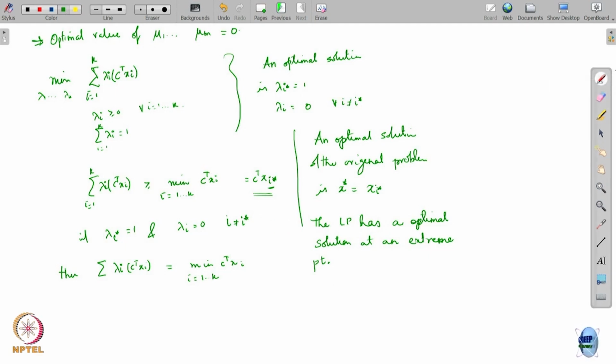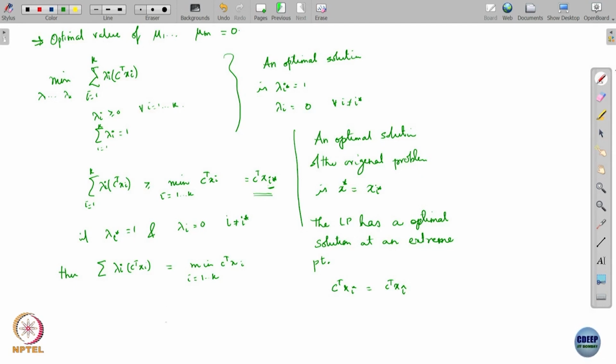Suppose c transpose x i star is equal to c transpose x i hat, another index, another extreme point, which happens to have the same objective value as x i star. Then I could have taken i hat here, and I could have continued with the same argument. I would have got that one as a solution.